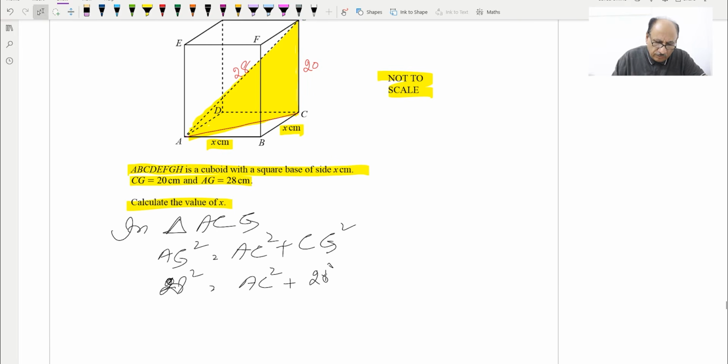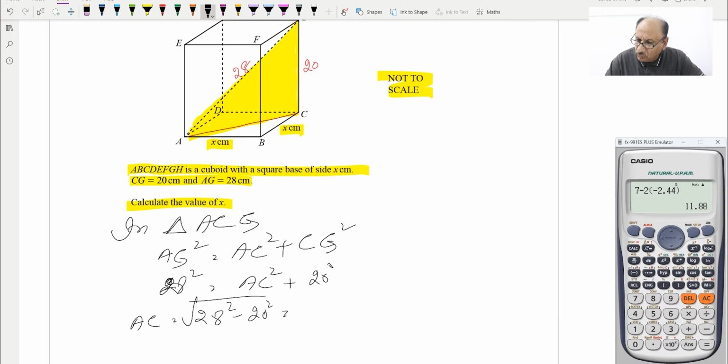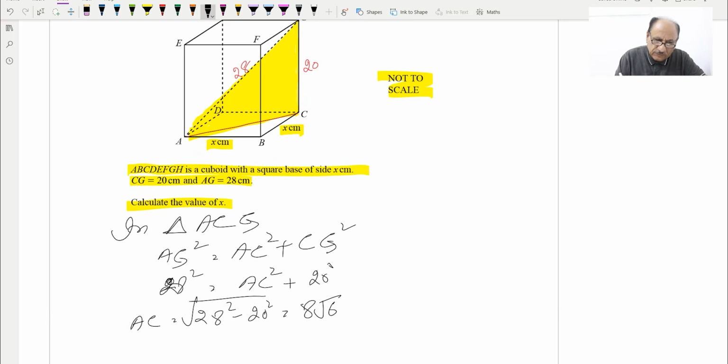So AC is equal to the square root of 28 square minus 20 square, and this is equal to 8 root 6.